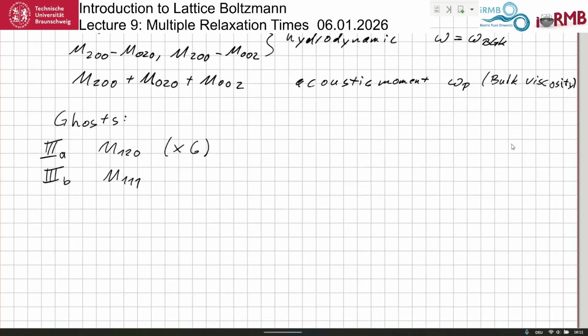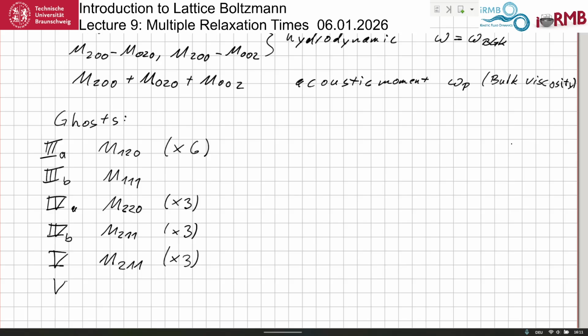We have first order A, M220, of which there are 3 permutations, and first order B, M211, of which again we have 3 permutations. And then we have three permutations of 5th order moments, and then we have 1 6th order moment, M222.